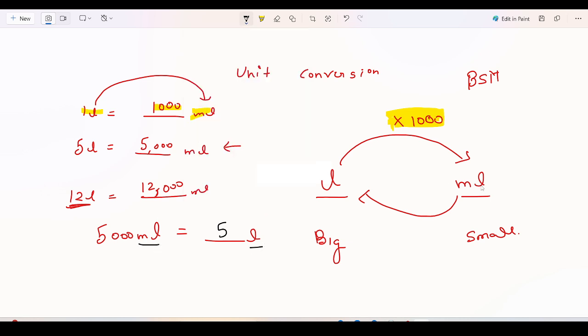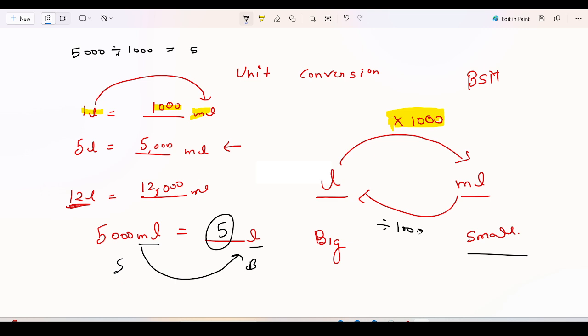So when we are going from milliliter to liter, smaller to bigger, we divide. Here 5000 divided by 1000 is 5. That's how you got 5.